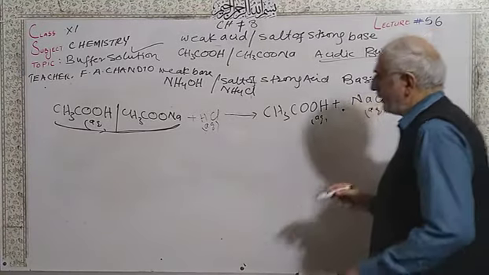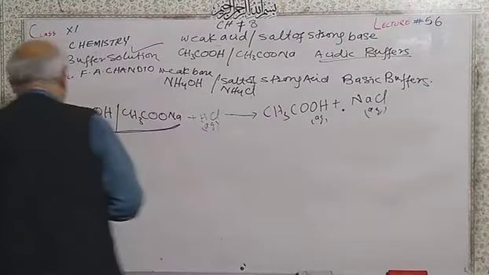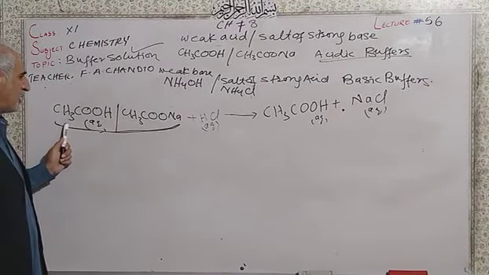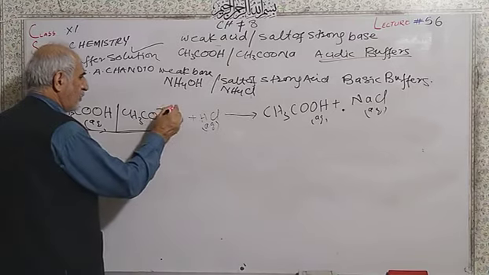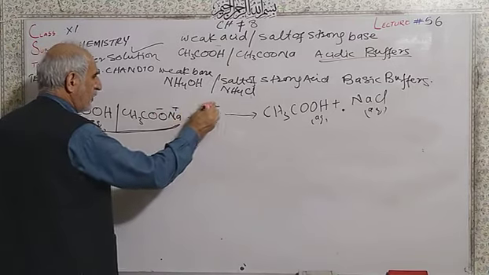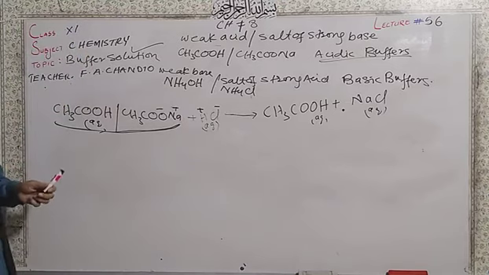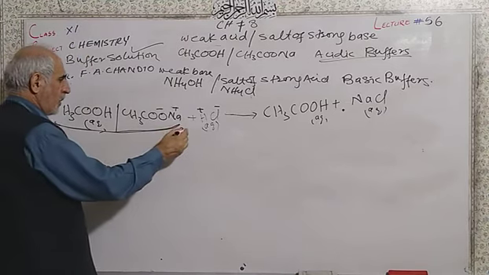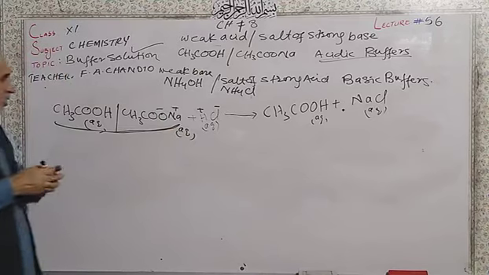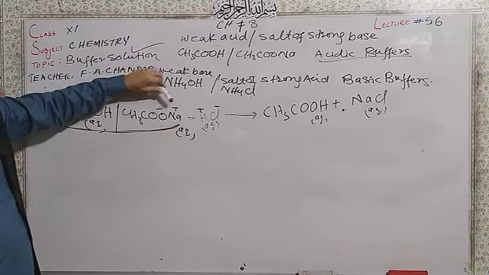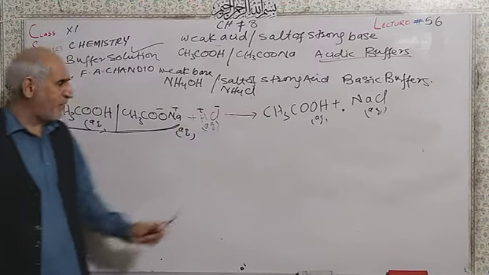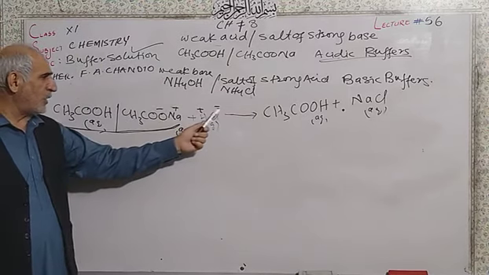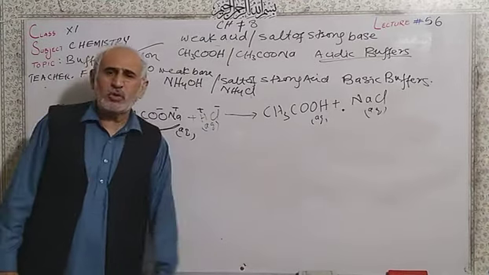This is the product. This acetic acid does not react. Sodium acetate is negative, positive, and they are in aqueous solution. So the negative acetate radical reacts with the positive hydrogen to give acetic acid, and the positive sodium and the negative chloride give sodium chloride.